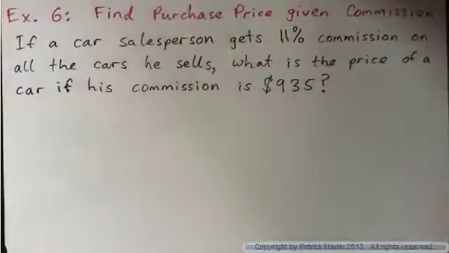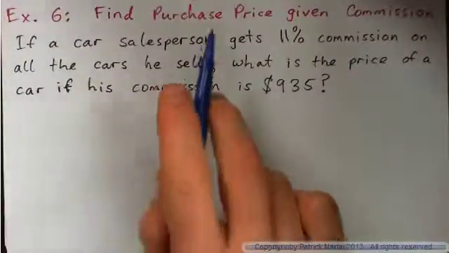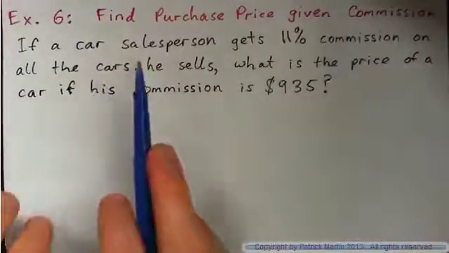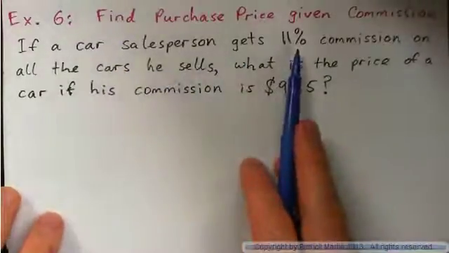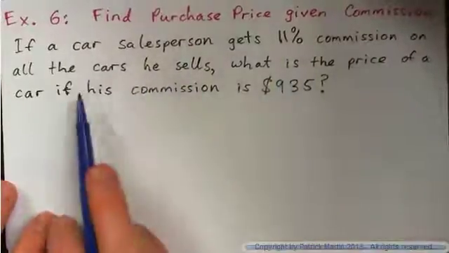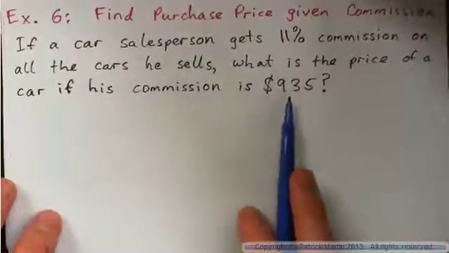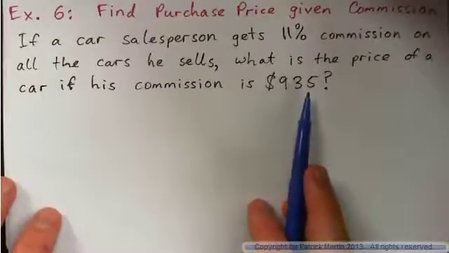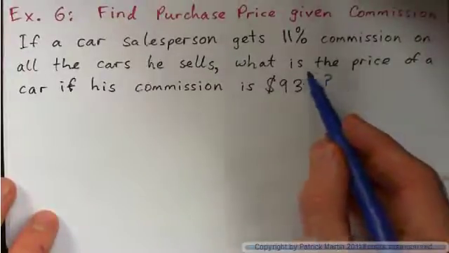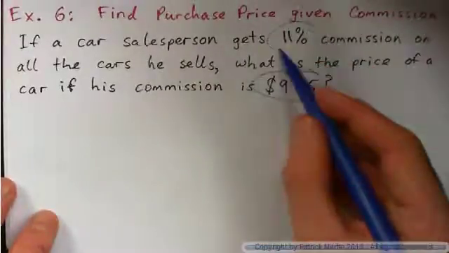Example 6. Find purchase price given commission. If a car salesperson gets 11% commission on all the cars he sells, what is the price of a car if his commission is $935? So look, this is the 11% commission.